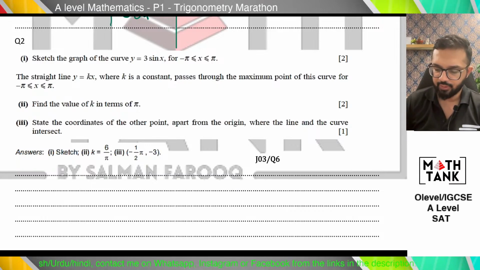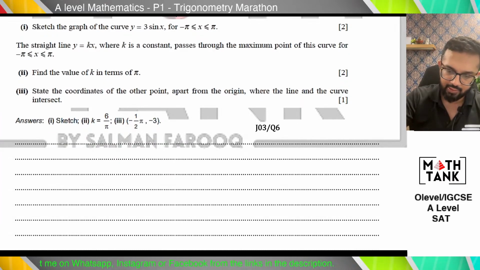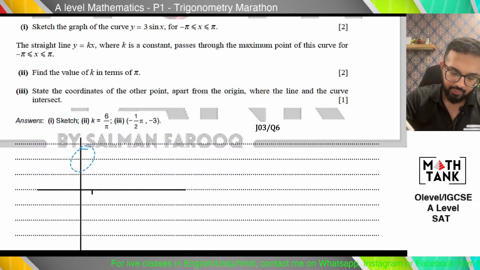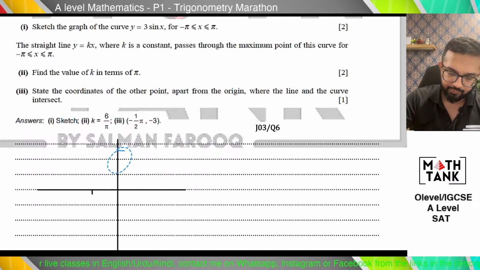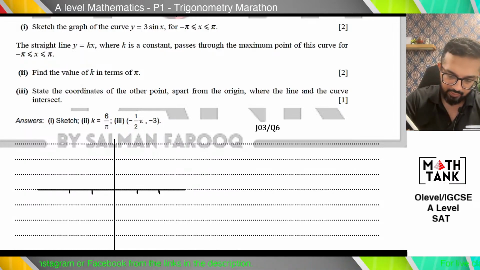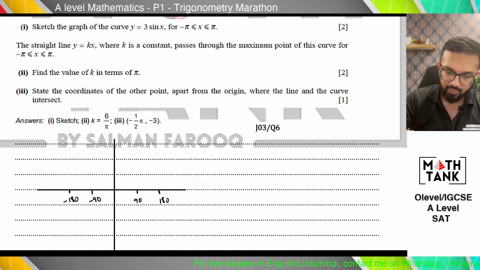So what this is telling me is if I sketch this graph, I need a negative side to this as well. So that's approximately 90, 180. So minus 90, minus 180, 90 and 180. Okay, I know that I should instead write radians, so that's what I'm going to do.